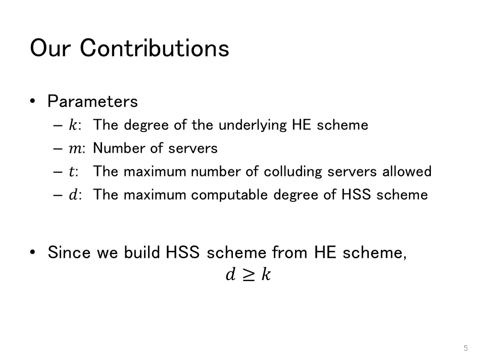We start the construction with a homomorphic encryption scheme of degree K, which supports computation of polynomials of degree K on ciphertext. And we build the homomorphic secret sharing scheme on top of it. So the computation degree D that the homomorphic secret sharing scheme can support should be larger than or equal to K.